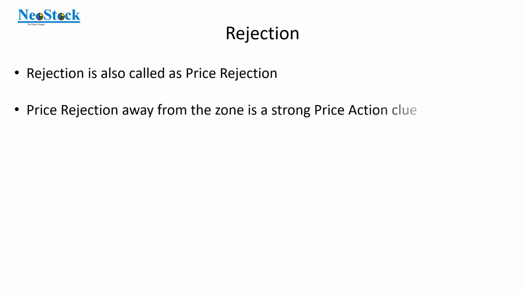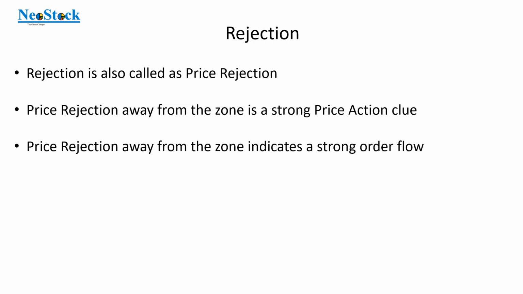Price rejection away from the zone is a strong price action clue. What exactly is the meaning of away from the zone? I'll show you with an example. And one more point, price rejection away from the zone indicates a strong order flow. The price action clue says there is a strong order flow in that zone.